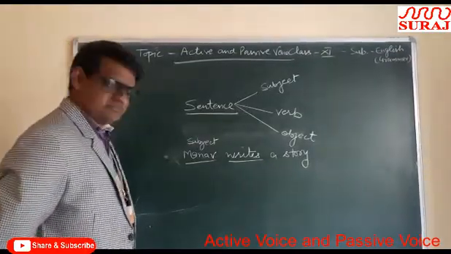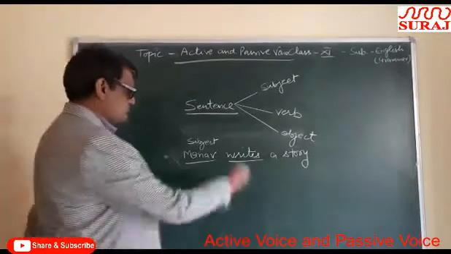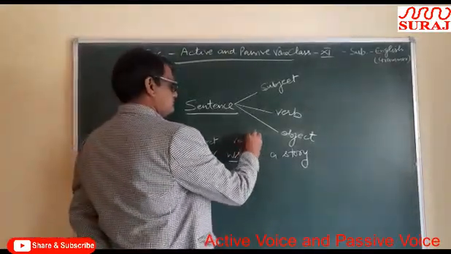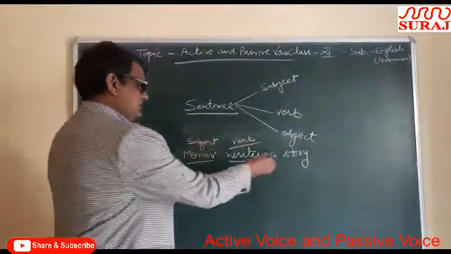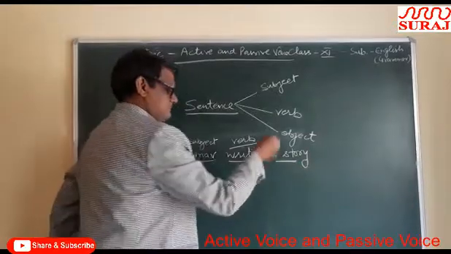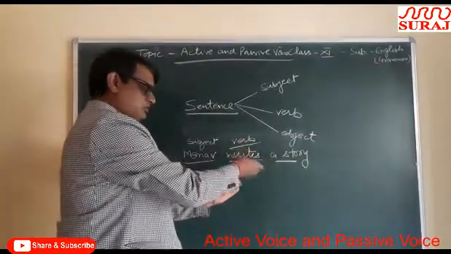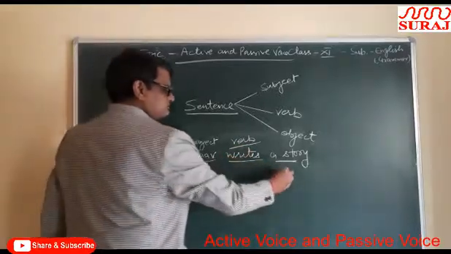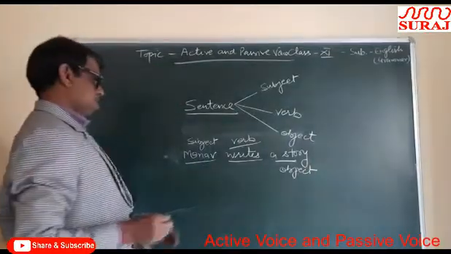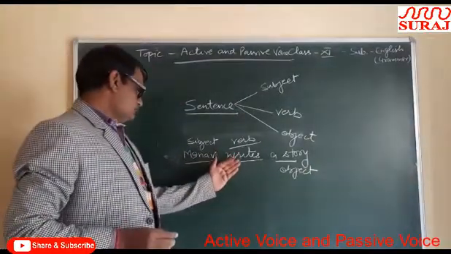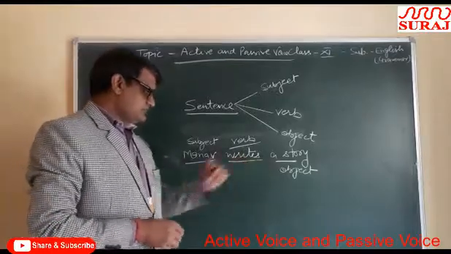He performs the action, and the action is writing. So that's why it is called the verb. And then a story. A story is governed by the verb, so it's called an object. What does Manav write? A story. So it is the object in the sentence.